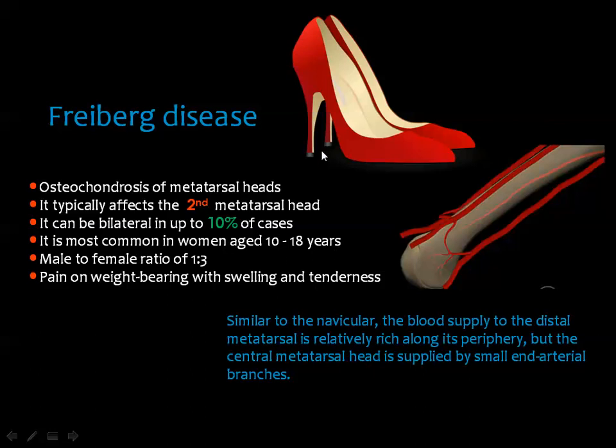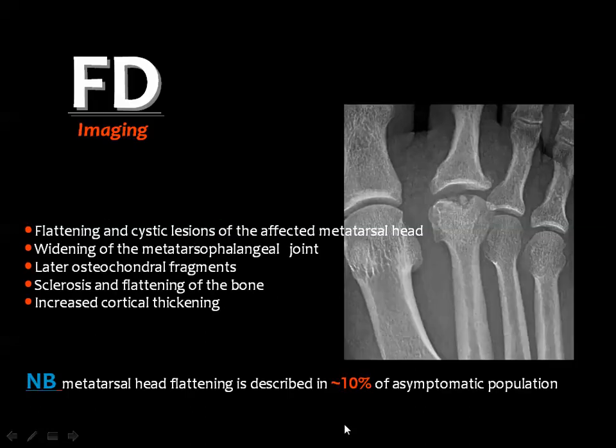The high heel is one of the direct causes of this particular disease. The complaint is pain on weight bearing with swelling and tenderness localized to the affected metatarsal bone, which is commonly the second one.